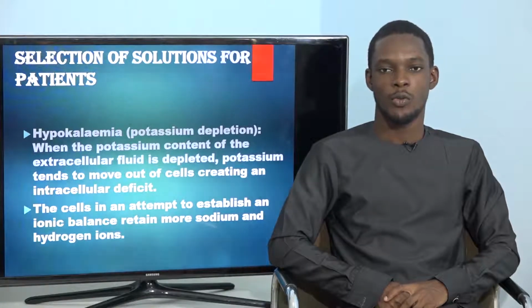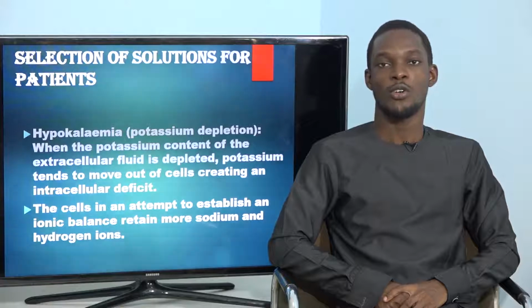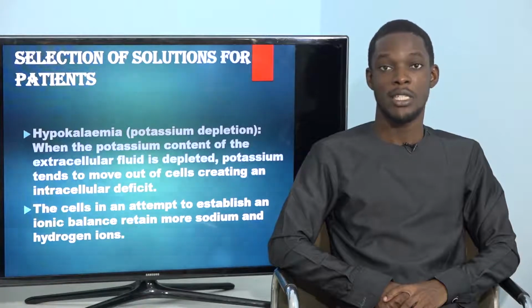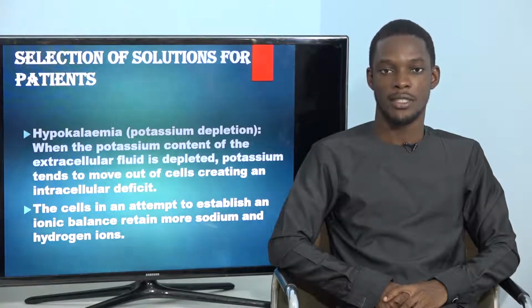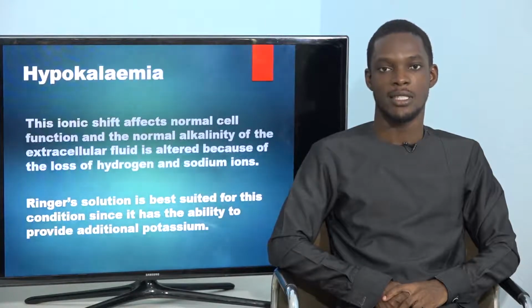This is because when potassium content in extracellular fluid is depleted, potassium tends to move out of the cell to ensure a balance between the potassium in the cell and the potassium out of the cell, creating an intracellular deficit in an attempt to ensure balance, as has been stated.